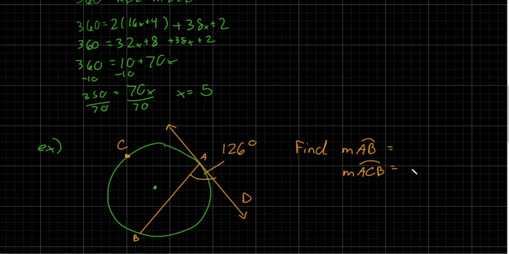I want to find both arcs of the circle and what both arcs should add up to, 360. So now we're at full circle. It's a good way to check to see if you're right.